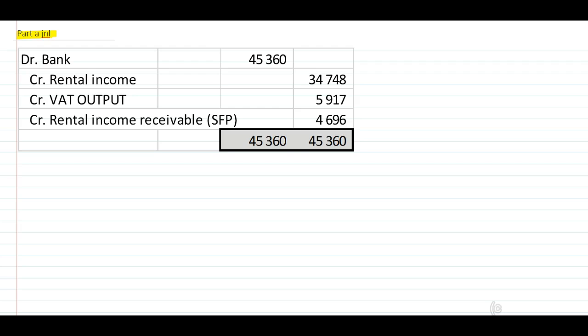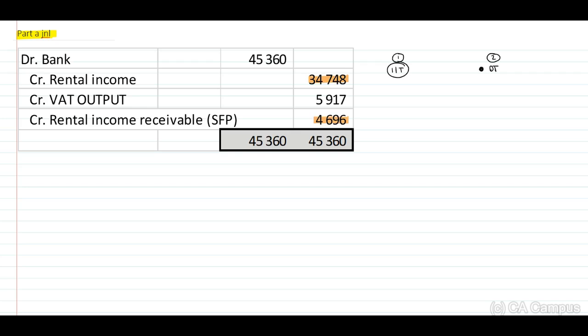Now, we need to identify two things. Number one, we still have our income tax journal, and number two, we need to recognize our deferred tax in terms of the reversal of our rental income receivable. Right, now when we think about our income tax, for income tax purposes, remember they will be taxed on the total being received.